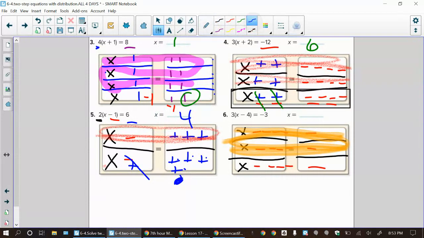Now I've got to get rid of my 4 negatives on the left side. So that means I'm going to add 4 positives. Because I did 4 positives there, how many positives do I need to put on the right? 4. Okay, these cancel, and so does that pair. So all I'm left with is 3 positives, and that's your solution. As long as you know what you're looking for and you keep going in a little time, don't rush through it, you're going to turn out just perfectly fine doing them.